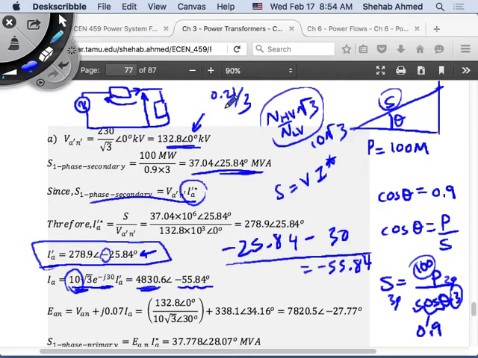So 0.21 divided by 3 is j0.07. Multiply that by the current, then add the voltage across this load that was transferred from the secondary side to the primary side, and that will give us the generator's voltage. That's the generator voltage, and that's the generator phase angle.